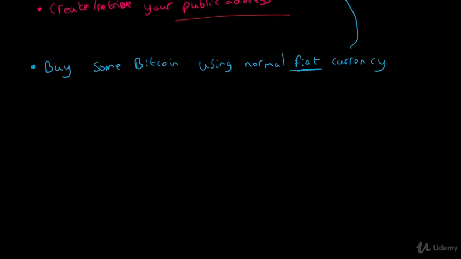The next thing you can do, and this is something that I find a lot of people don't know about, is you can apply for a Bitcoin debit card. And there's actually a lot of services out there.